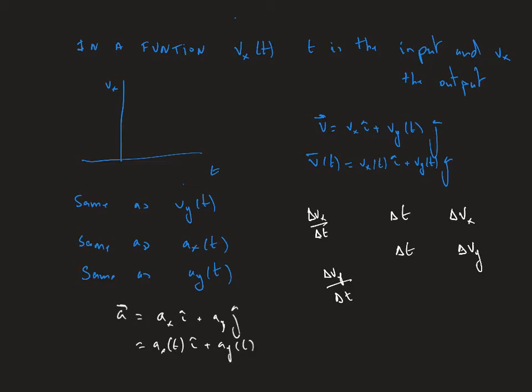So I have to separate and analyze how a change in delta t will make a change in delta ax, how a change in delta t will produce a change in delta ay, and divide delta ax by delta t.